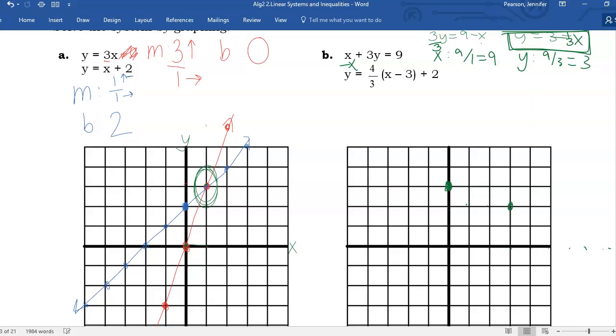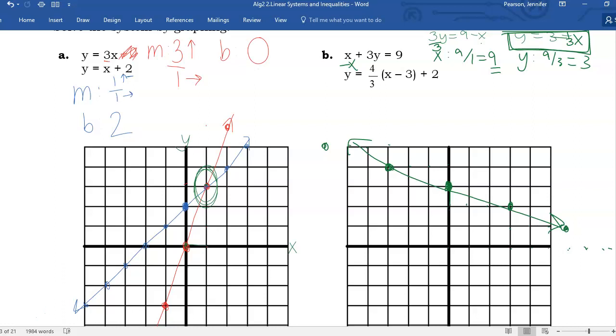Down 1 over 3. And you kind of see if I did go down 1 more, that would give me that 9, but I'm way off the graph. I'm going to go backwards just to get one more point on there. So if I went down 1, right 3, I'm going to go up 1, left 3. And I could go up 1, left 3 again, I'm off the graph, but we can draw in that line there, and that would represent x plus 3y equals 9.